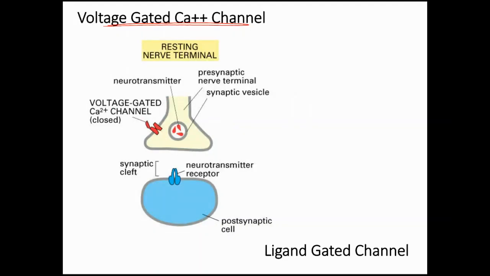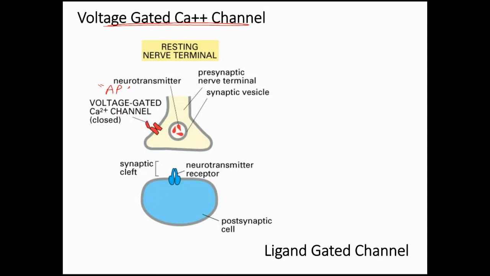All during the action potential, we've been opening up voltage-gated sodium channels, correct? And voltage-gated potassium channels to do the action potential. But by the time the action potential gets down to the nerve terminal, what we're opening up now is something a little bit different, a voltage gated, and that's because of the action potential voltage, right? Gated, and it will be a calcium channel.